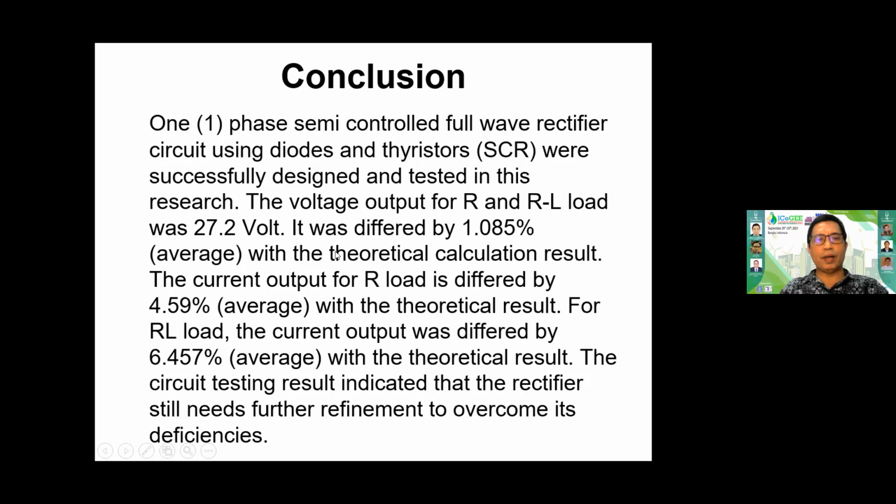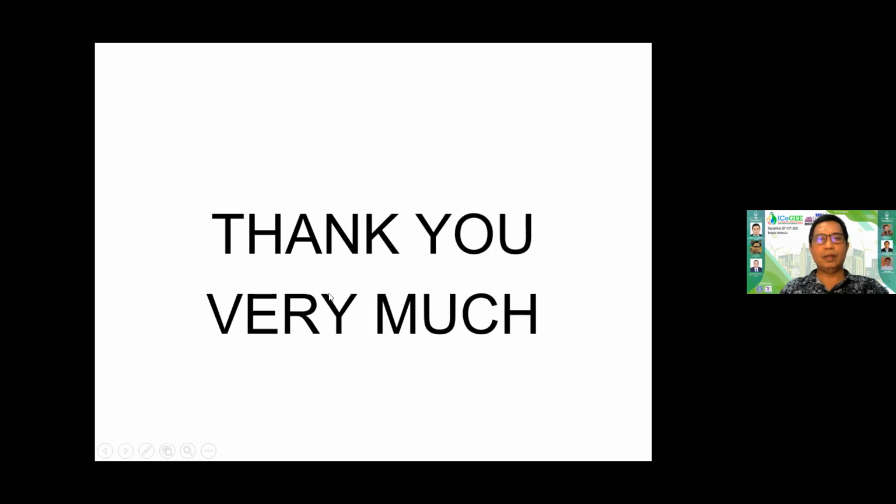The current output for R load differed by 4.59% average from the theoretical result. For RL load, the current output differed by 6.54% average from the theoretical result. The circuit testing result indicated that the rectifier still needs further refinement to overcome its deficiencies. Thank you very much. That's all our presentation.